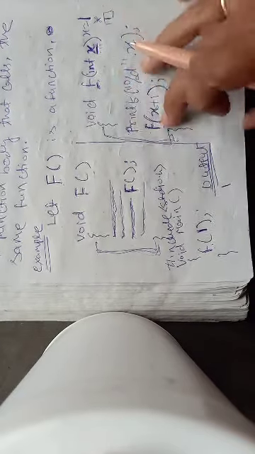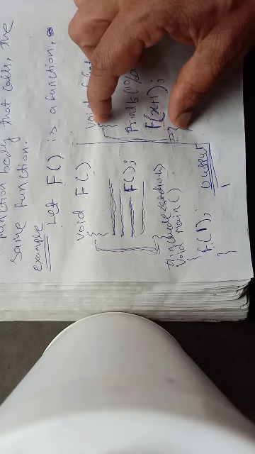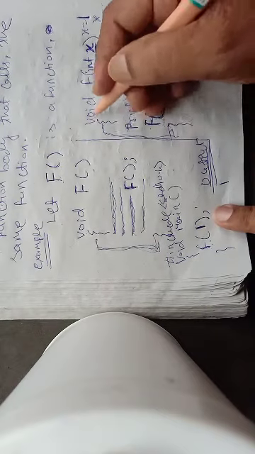Although in our program we write it only once, when the program runs, it is assumed that this entire body is again loaded in the memory as a different function. Though it is f, as a different function it is loaded. So the same code will be repeated.